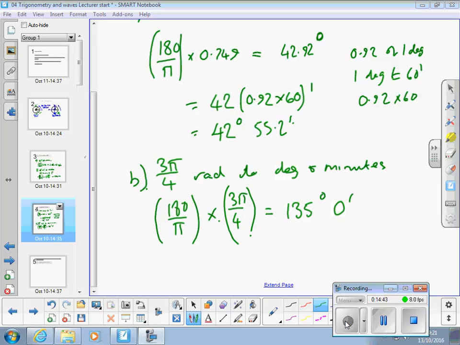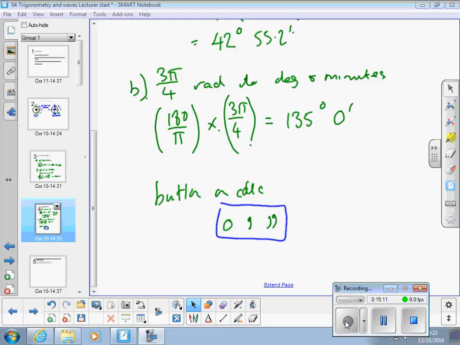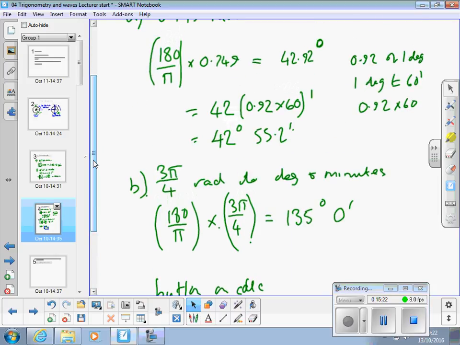There's a button on your calculator, as Caleb has pointed out. It's got degrees, minutes, seconds on it, like that, and it's next to the minus button on mine. It converts between the number with the decimal place and the degrees, minutes and seconds.